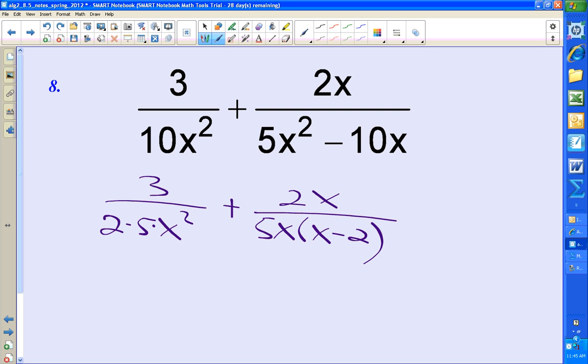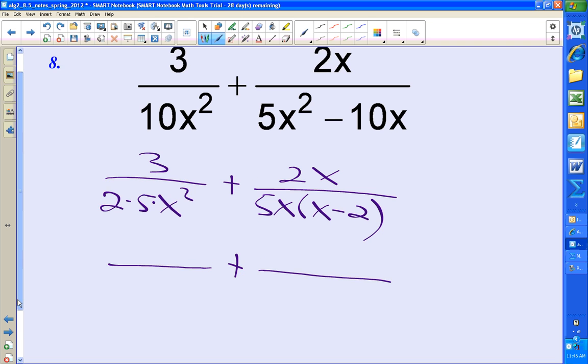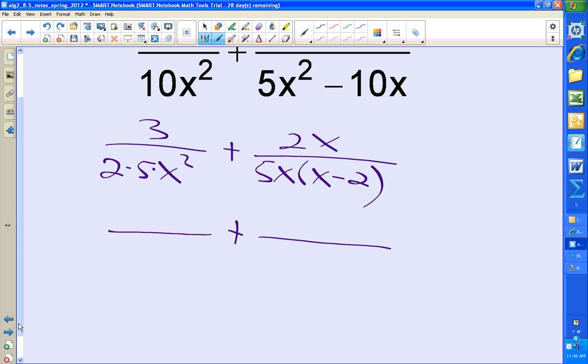The LCD. What has to be in the LCD? So specifically, 2, 5, x, and x minus 2. What power do we want on the 2 and the 5? 1.